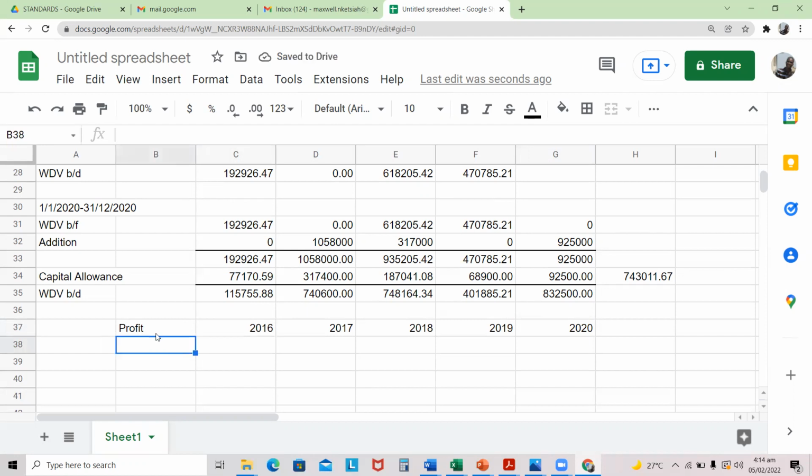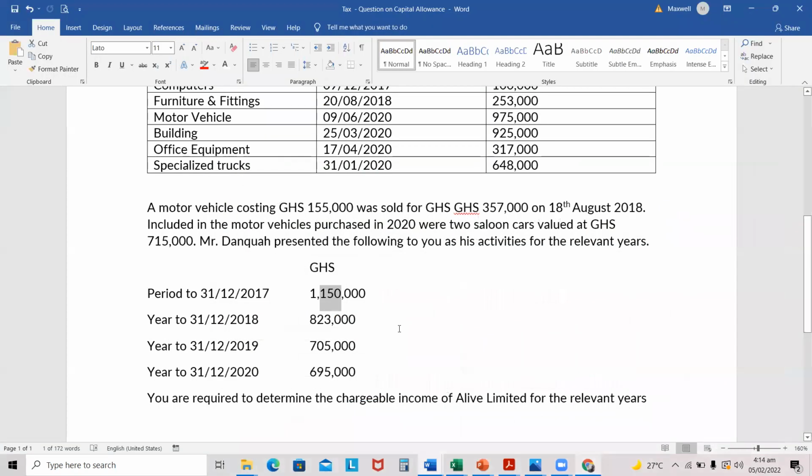In 2016, the profit he made is inside this amount, because period 2 means from the time that he started business up to the end of 2017. So it means that profit is inside this.